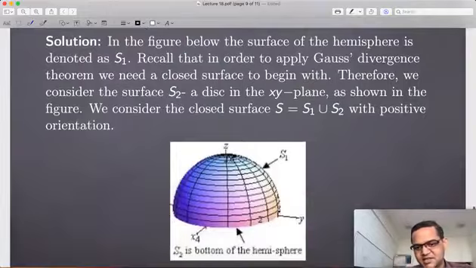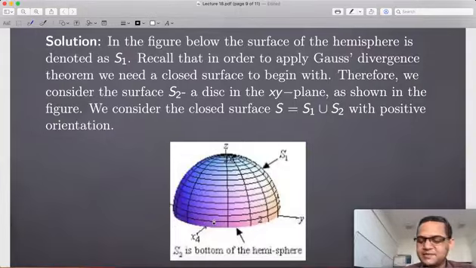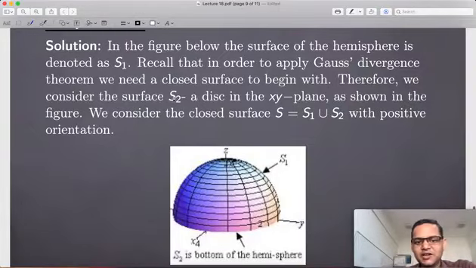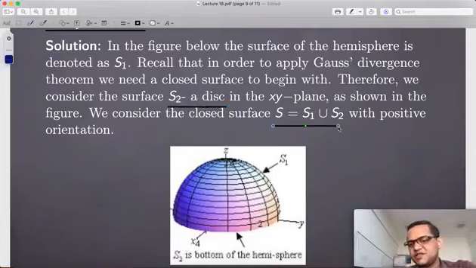So this is the surface which is given to us, but it is missing the bottom part. We have to add that in order to apply the divergence theorem, because I need a closed surface. So you attach this cover, the bottom, and call that S2. This S2 is precisely a disk in R2, isn't it? Then consider the surface as S1 union S2.